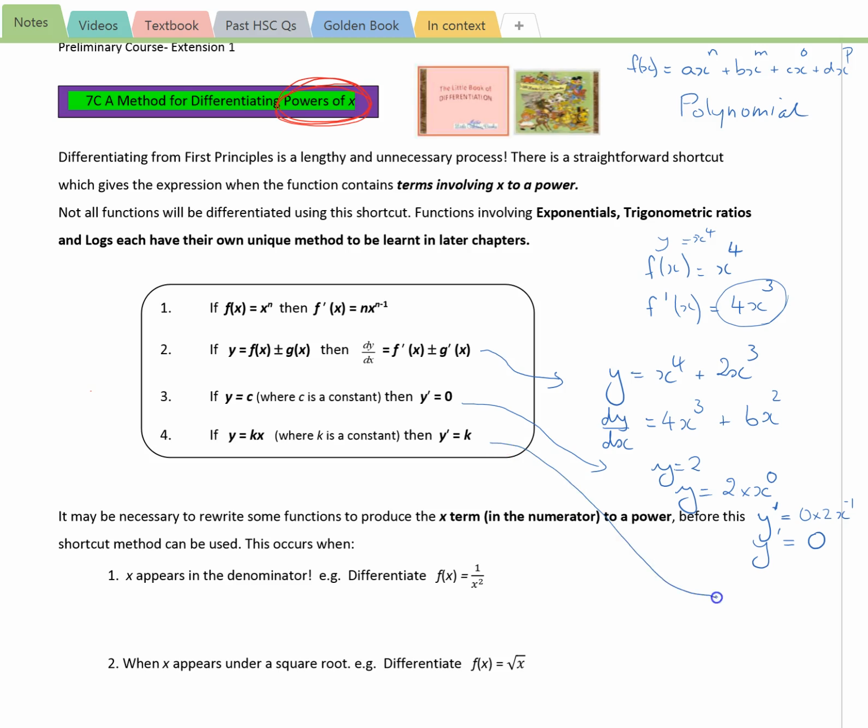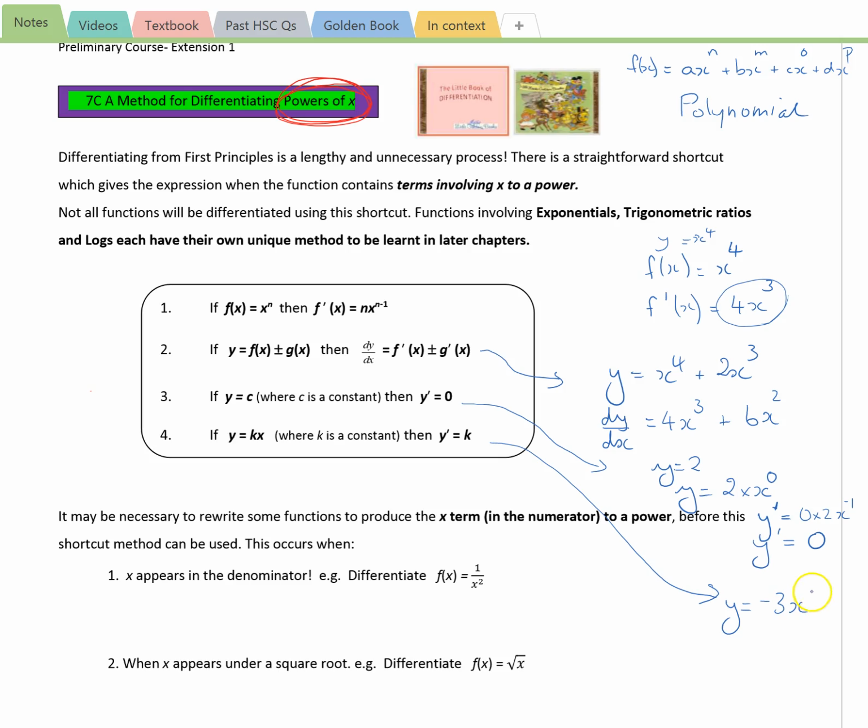And then it says if y is equal to a constant times x, for example, y is equal to minus 3x, where k is a constant, then y dash will also be a constant. Let me take the power off.